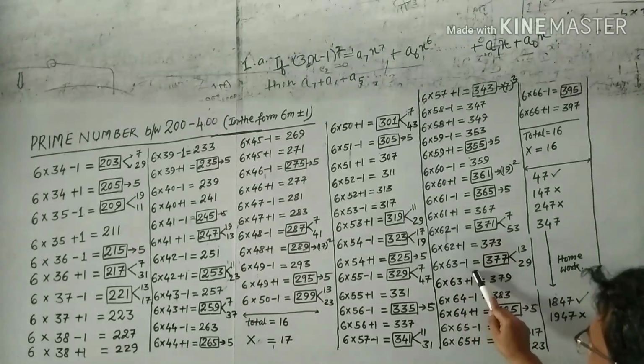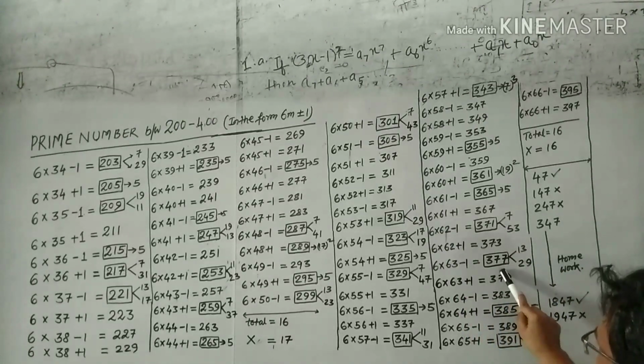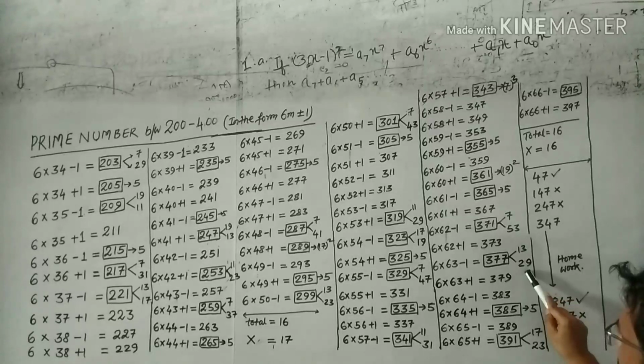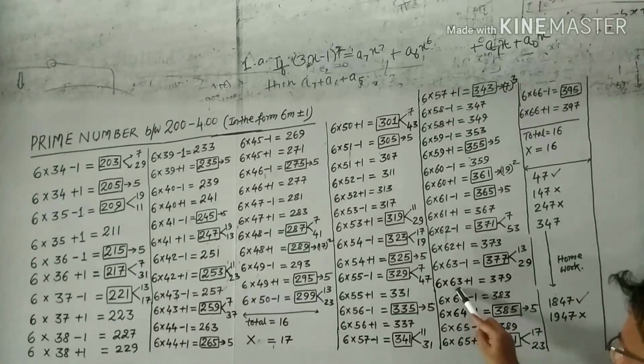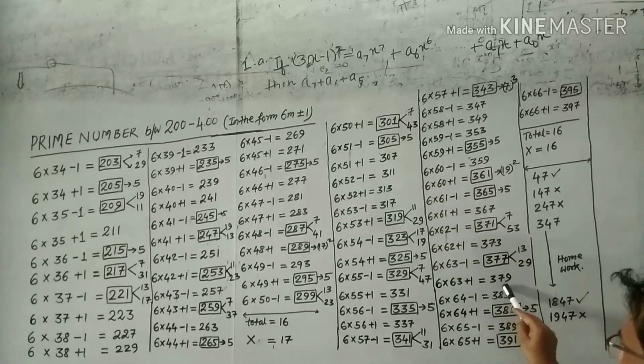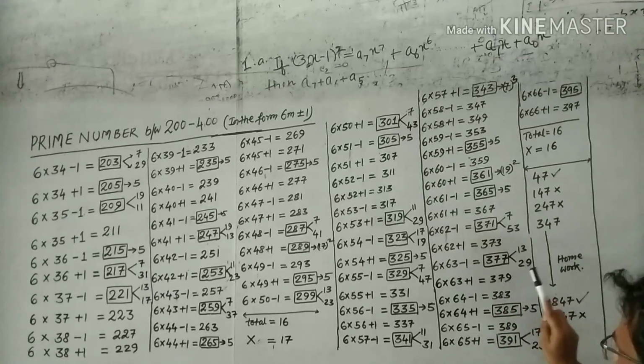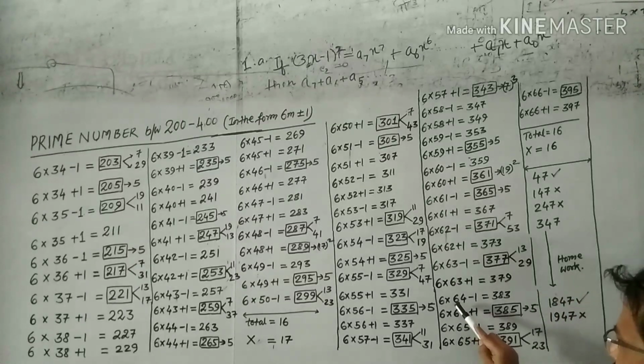6 into 63 minus 1, 377. 13 and 29 are the factors of 377. So it is not a prime number, it is a composite number. 6 into 63 plus 1, that is 379. It is a prime number. 6 into 64 minus 1, 383.